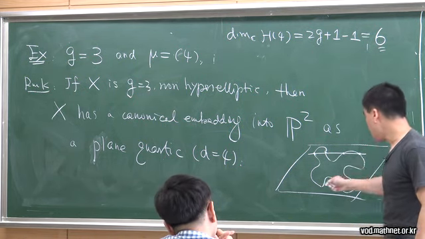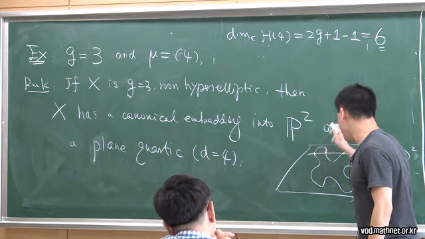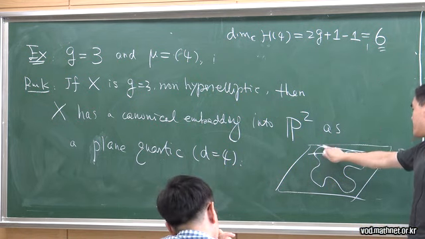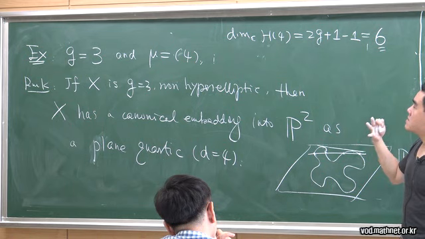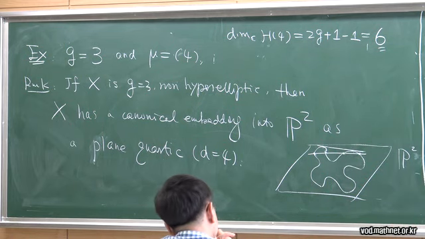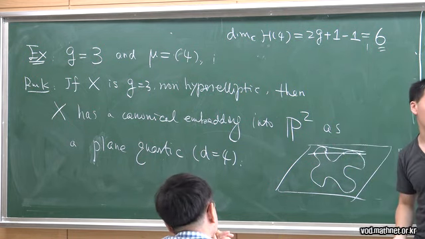I could take a special line, say something like a bitangent. Then I'll get 2 times P plus 2 times Q. In other words, the different zero types of the special differential, or the special underlying divisor, correspond to different line sections of my plane quartic.